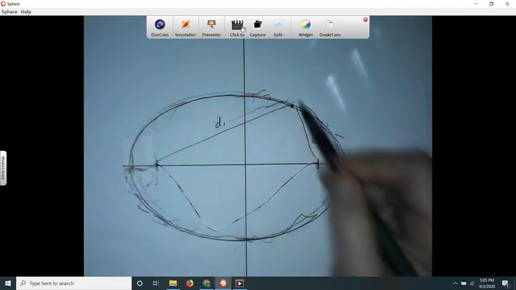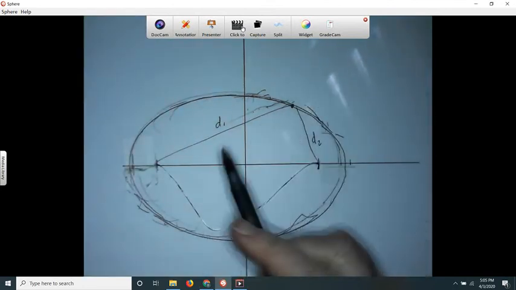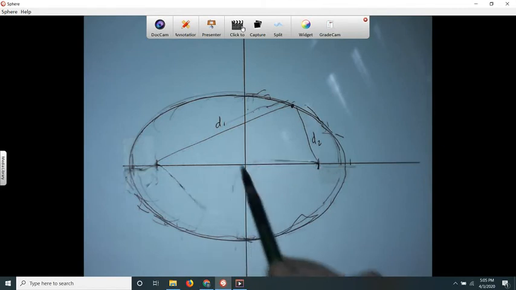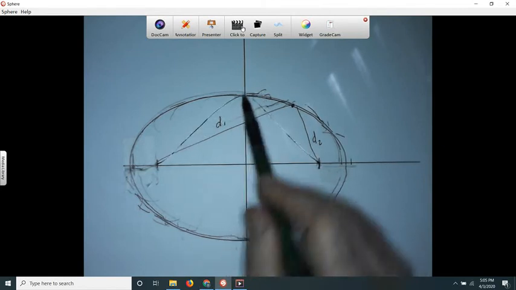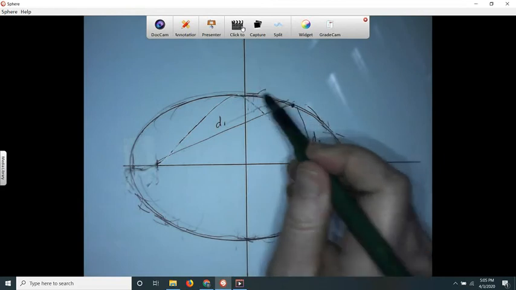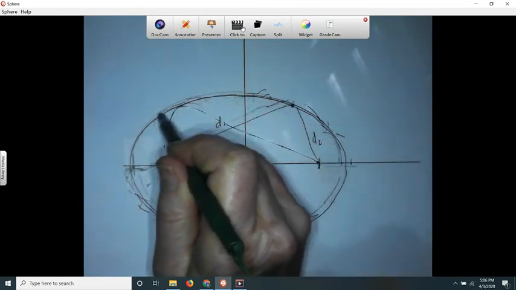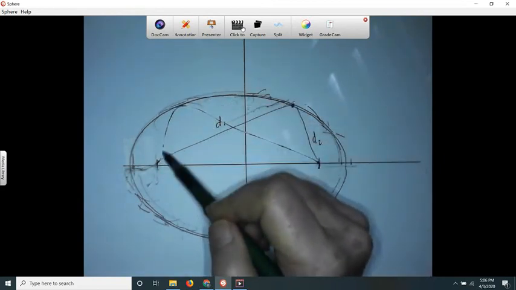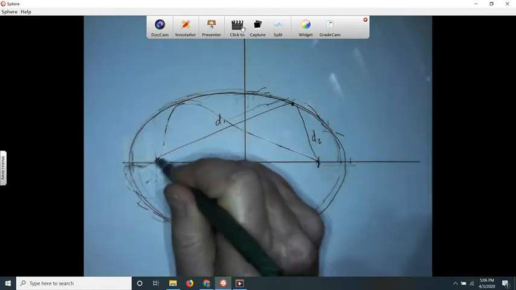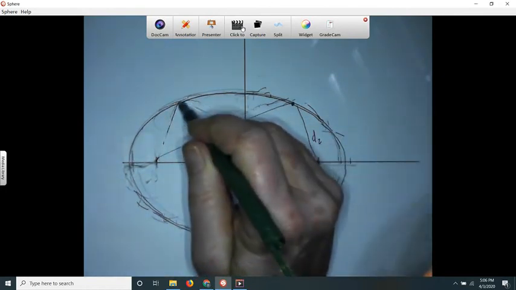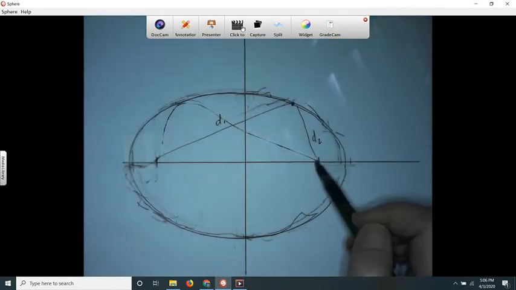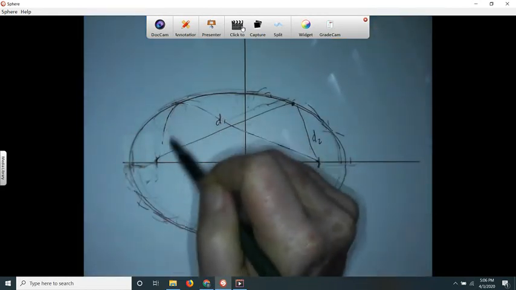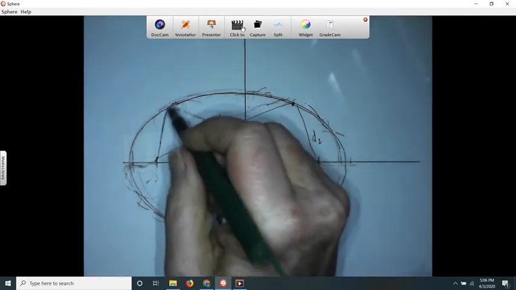The sum is a constant because this string is not stretchy. So no matter where I go on my ellipse, the sum of the distance between this focus and the edge of the ellipse and this focus and the edge of the ellipse, if I add those, it's always the same number.